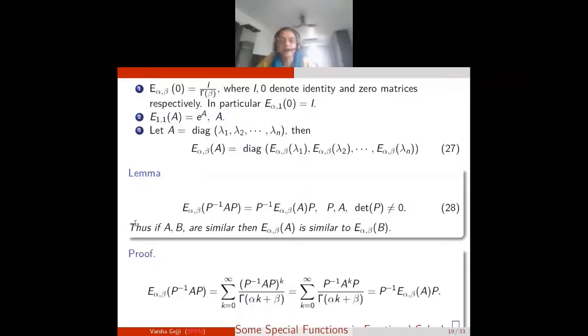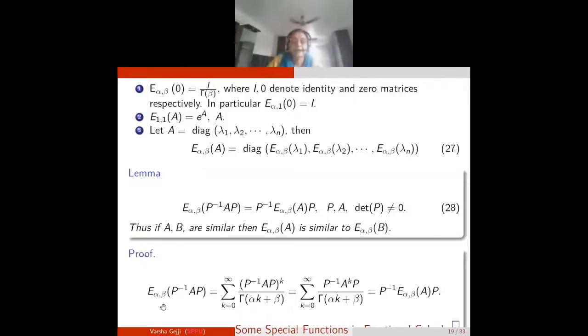having fractional ordered derivatives. And E alpha beta P inverse AP, you can easily see that this is P inverse AP to the power K upon gamma alpha K plus beta, which you can show is P inverse A to the power KP, which is nothing but finally P inverse E alpha comma AP.